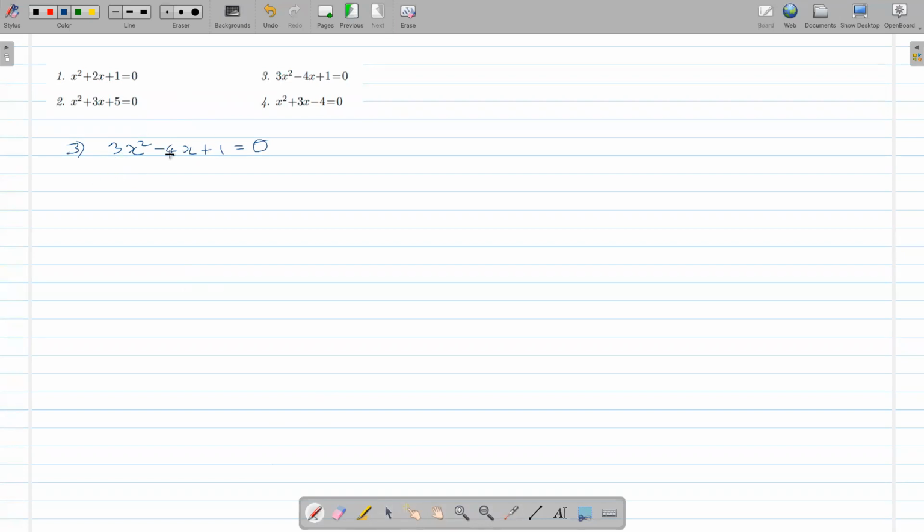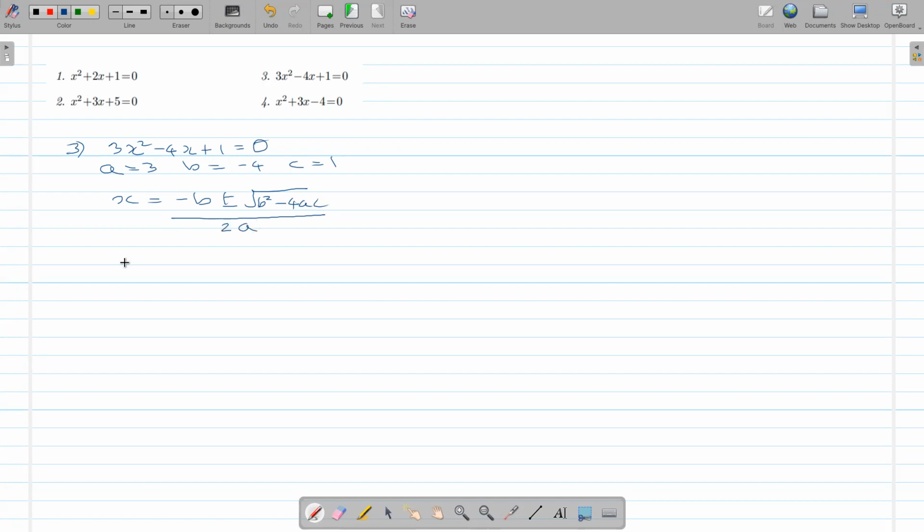So A is 3, C is 1, X equals minus B. This is the quadratic formula, no? B squared minus 4AC over 2A.